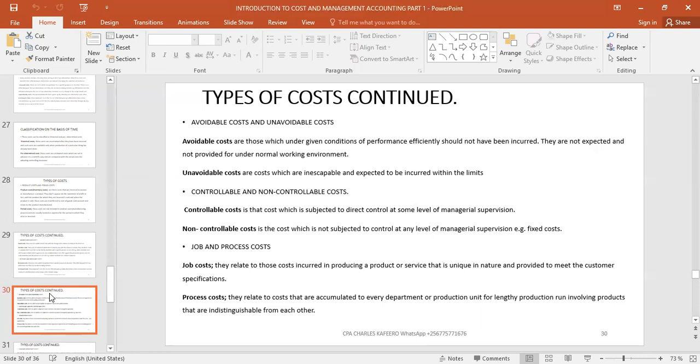requirement. So when you are determining it, for example, you can talk about in the carpentry workshops, you may find that a certain client comes with an order for, let's say, chairs, and the other one comes with an order for beds, and the other one may come with an order for tables.